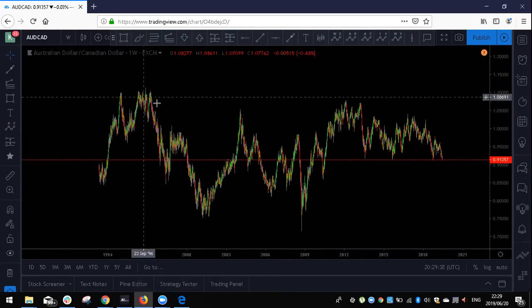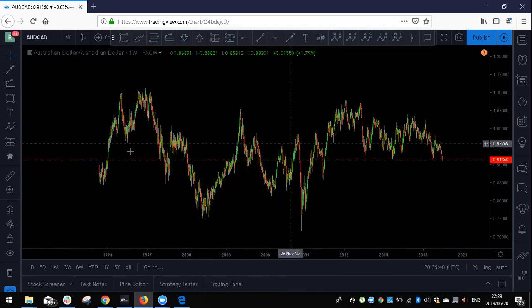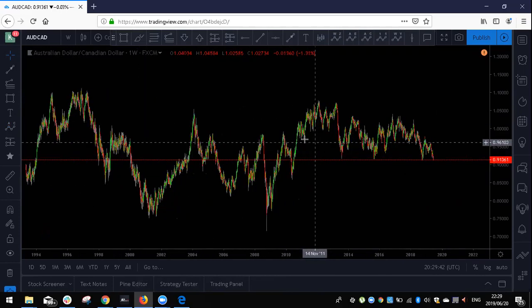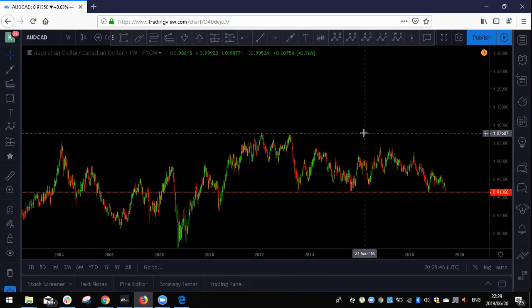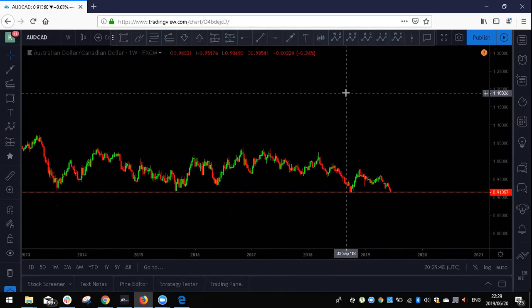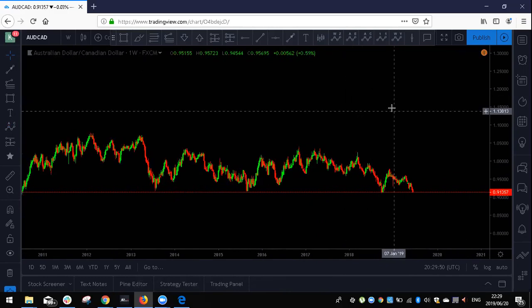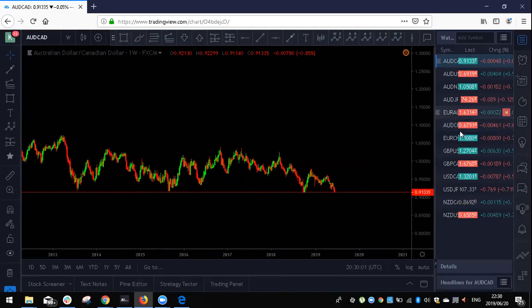Okay, this is a bad pair to learn Elliott Wave because I can see the structures here are complex. Let's see what we can do though. Is this your favorite pair? No, I just opened this randomly. I'm not even sure which pair to choose.